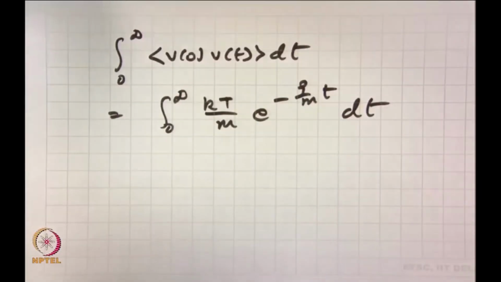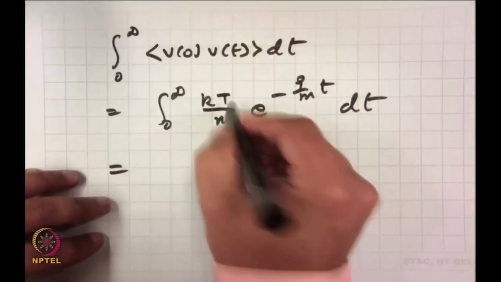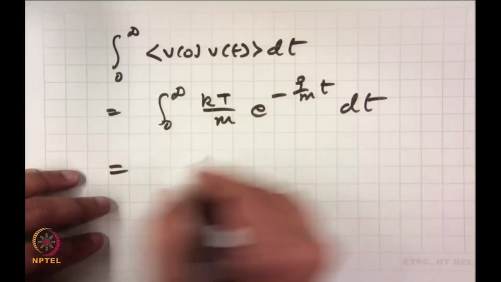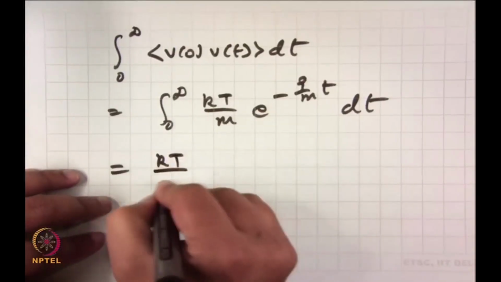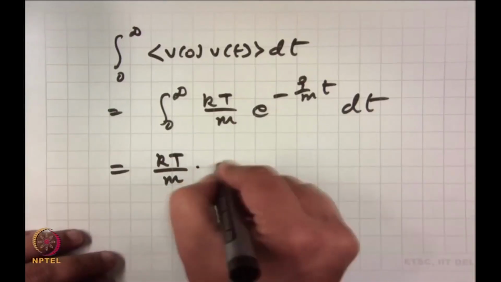I have moved out tau correlation and just put in the actual one I had, xi by m. So k T by m is a constant, is not it? Then what should come out on the other side on integration between 0 to infinity? Should not I get this?